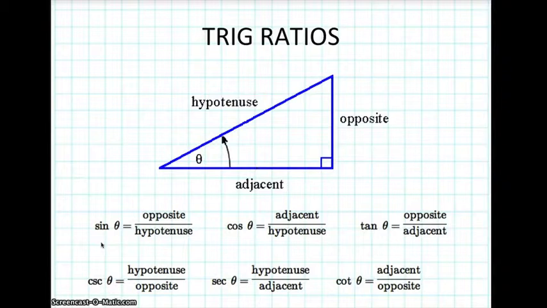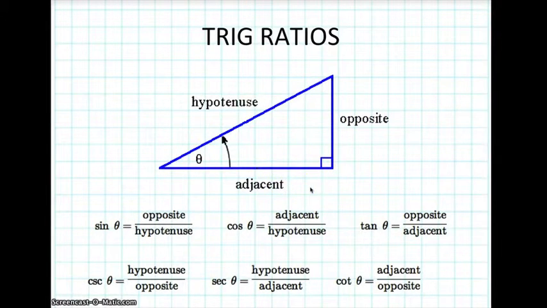For 4.2, we need to know and remember the trig ratios. So this is a right angle triangle. This is theta. So this is the opposite side, adjacent side, and hypotenuse. Sine of theta is opposite over hypotenuse. Cos of theta is adjacent over hypotenuse. And tan of theta is opposite over adjacent.